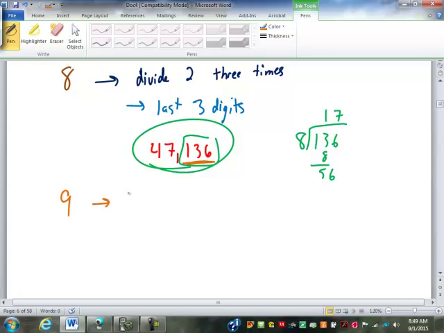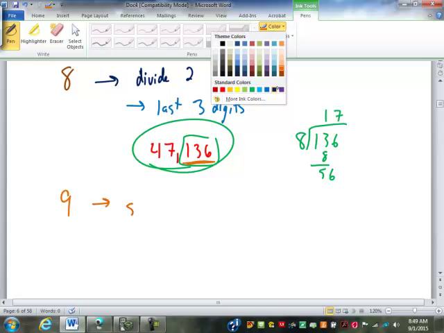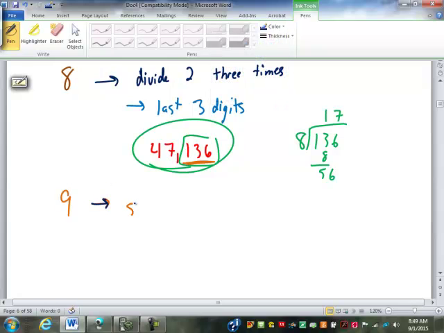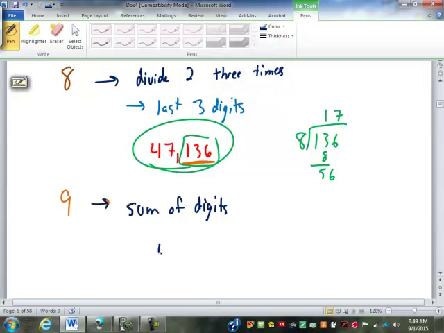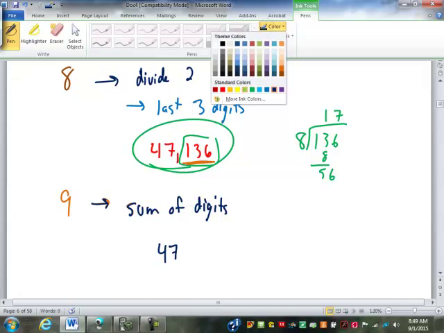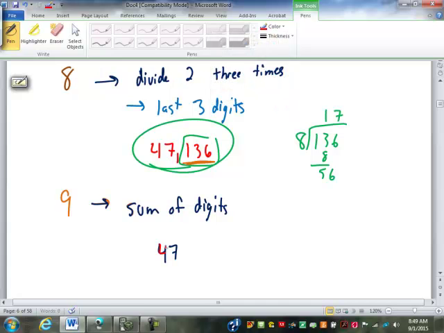The rule for 9 is the same as 3's. It's with the sum of the digits again. Only this time, instead of being divisible by 3, the sum of the digits has to be divisible by 9. So let's take 47,313.